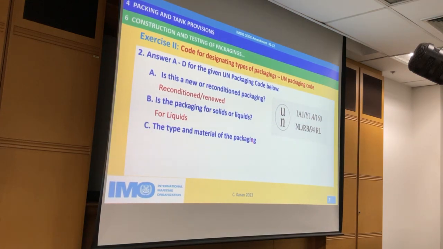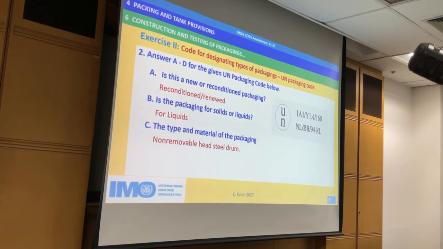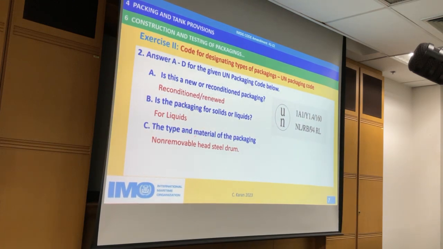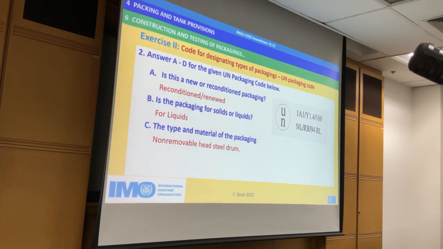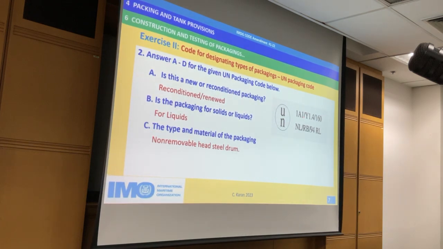The type and material of the packaging: one is drum, A is steel, as you see in that table. The type is the steel drum, and it ends with 1. You will see in that table, 6.1.3, non-removable head is 1. What do we mean by non-removable head?